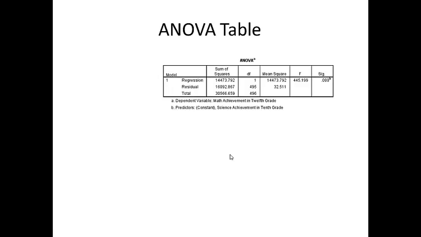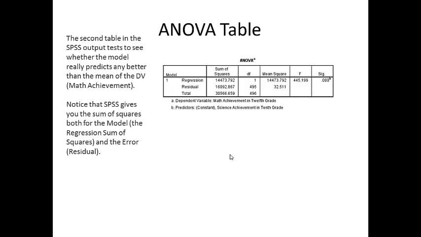The next thing that we get is the ANOVA table. Remember I told you SPSS will run a test of your regression line to see if it's really good, if it's a good model. Can we trust our regression equation? It tests to see if our model is a better predictor than just using the mean or average test on an achievement score.